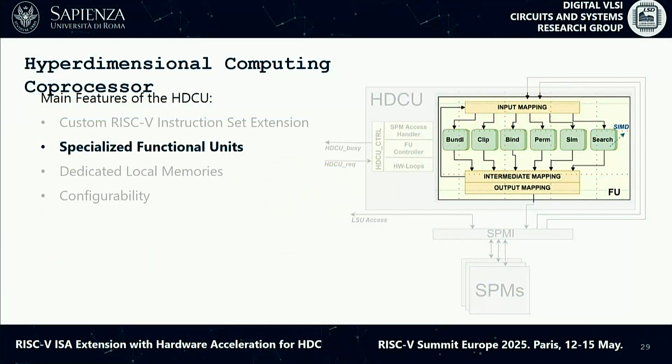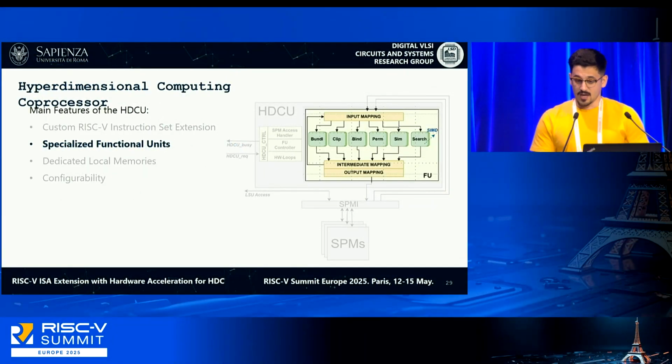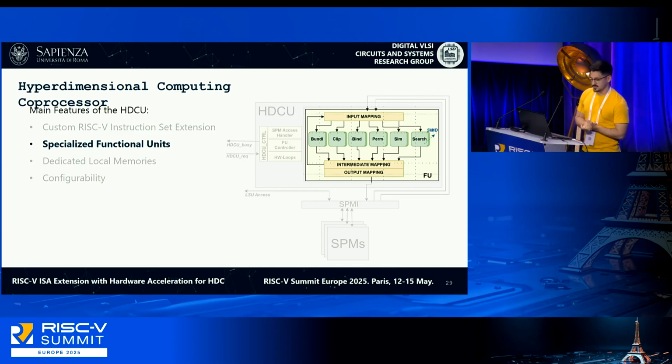For each instruction in our custom extension, the accelerator includes a dedicated and highly optimized functional unit, one for each fundamental hyperdimensional computing operation, for a total of 6 units. The level of parallelism for these units can be configured at synthesis time through the SIMD parameter, allowing us to balance execution speed and hardware resource usage.